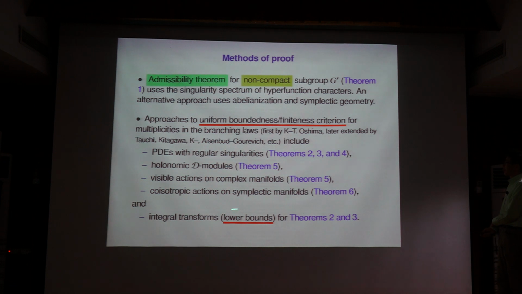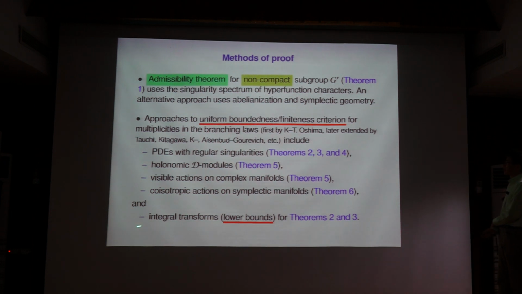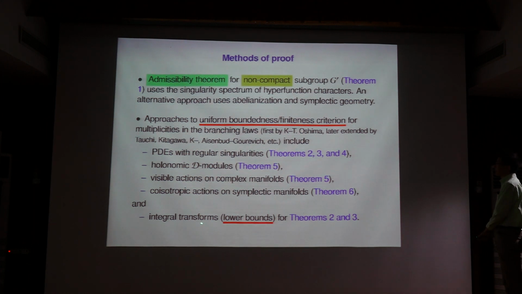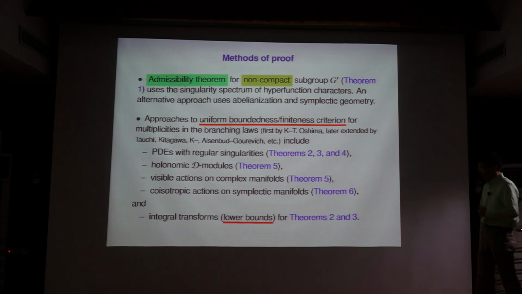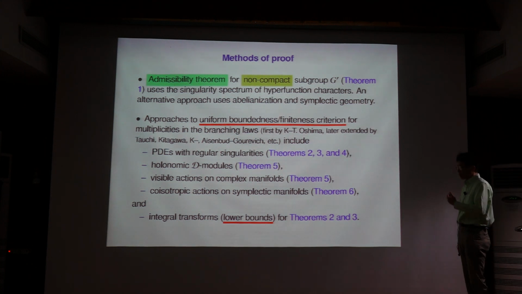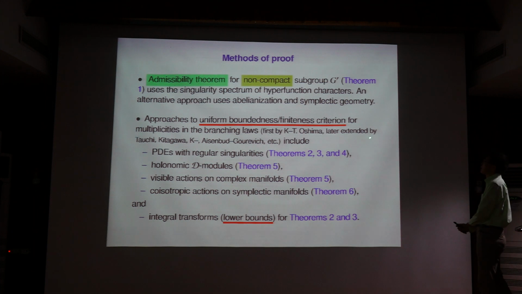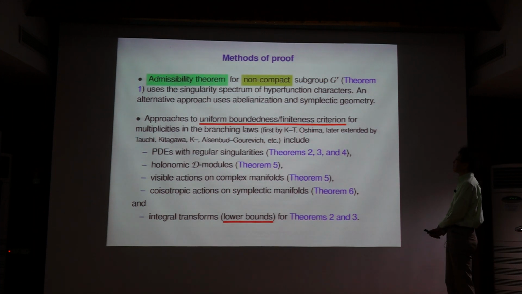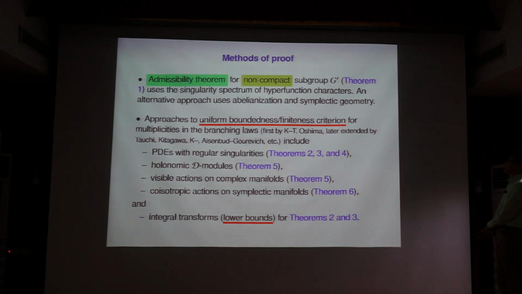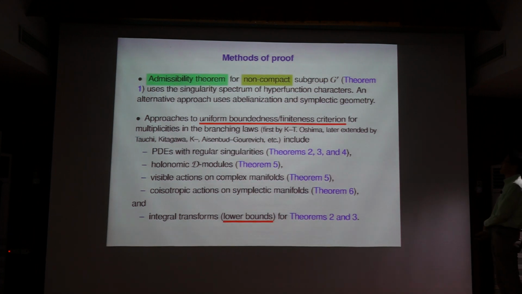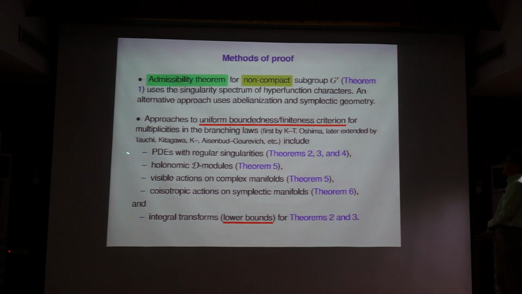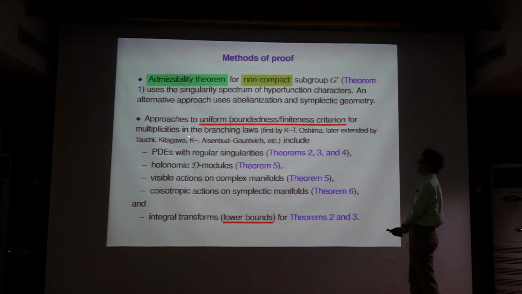And then for the lower bound, we construct a kind of integral transform to construct such intertwining operators. The construction of the integral transform uses some geometry of the boundary data, and this gives the opposite direction. And then there are some other methods, later extended by my students Tauchi, Kitagawa, and so on, and also for individual, not uniform, boundedness by Eisenbud and Gorelik, using again differential equations, holonomic D-modules, and also by myself.